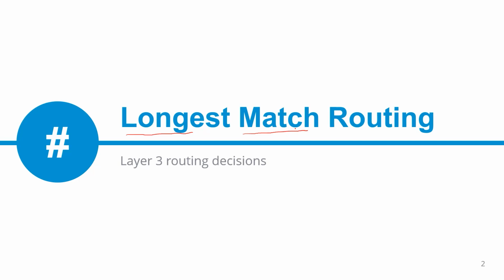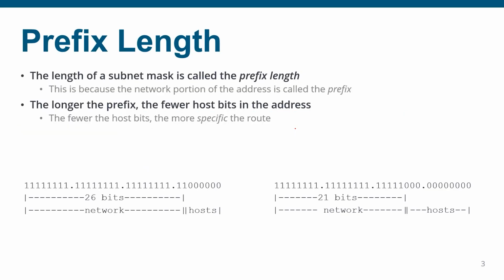So let's do a quick review of prefix length. The length of a subnet mask is called the prefix length, because the network portion of the address is called the prefix. In a 26-bit network mask, or a /26, we have 26 ones, which means the network portion of the address is 26 bits long.